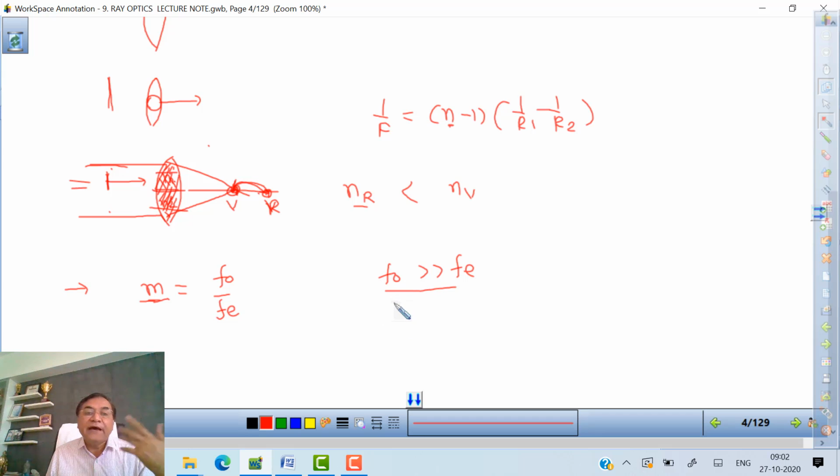When do we get good resolution? If diameter is larger. And when do we get good magnification? If FO is larger. Remembered?